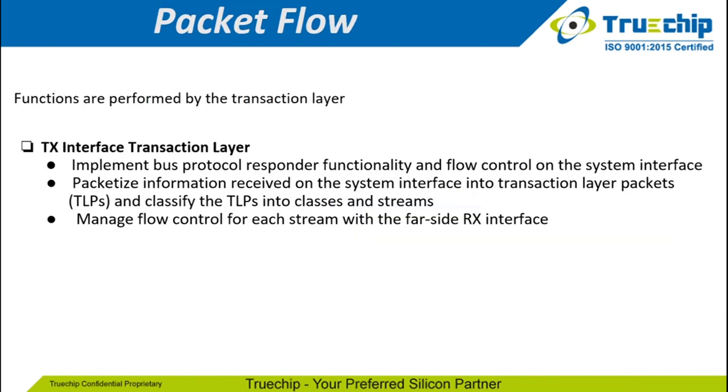Functions are performed by the transaction layer. So we have TX interface transaction layer that implements bus protocol responder functionality and flow control on the system interface. Packetize information received on the system interface into transaction layer packets and classify the TLPs into classes and streams that manage flow control for each stream with the far side RX interface.